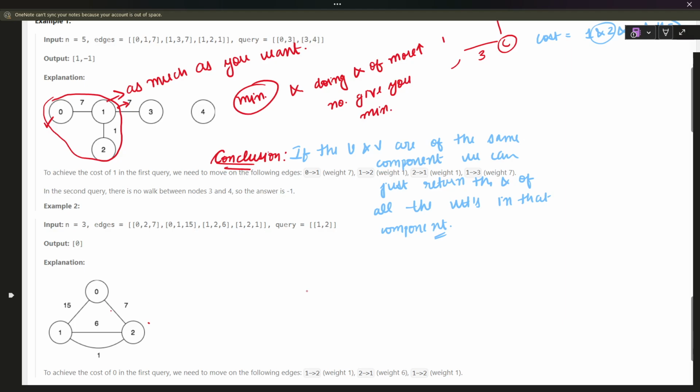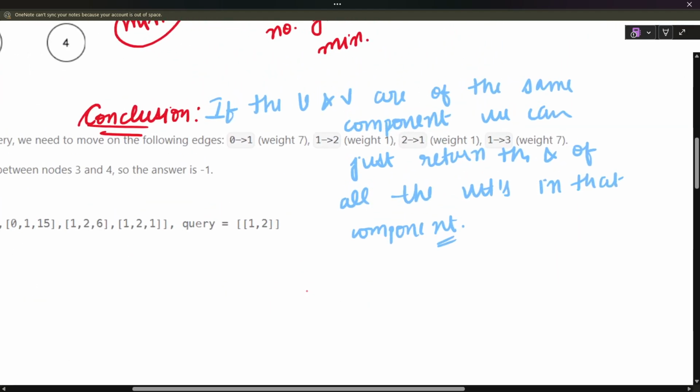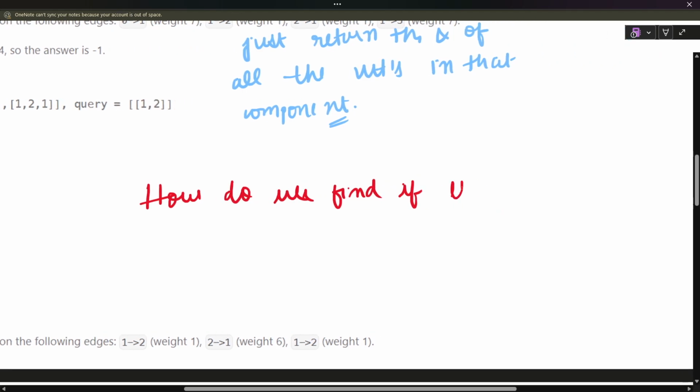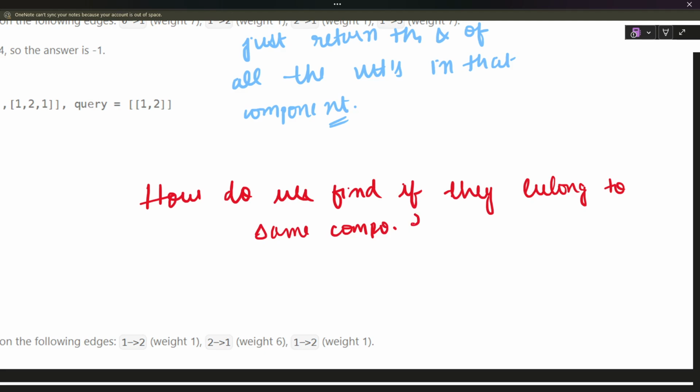So how do we find if they belong to the same component? If you have studied this, you might have got this: DSU, right?